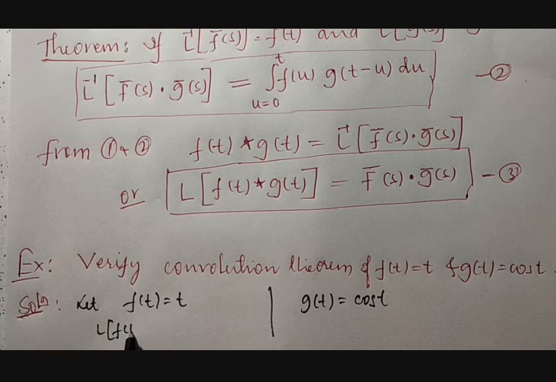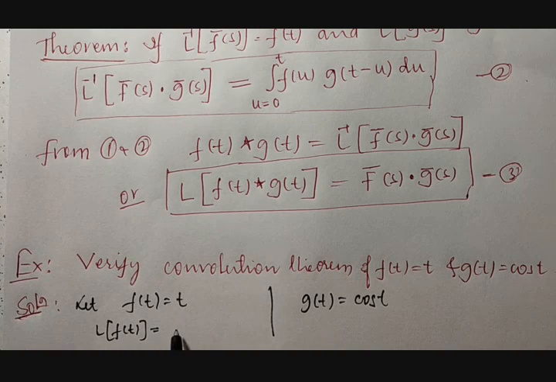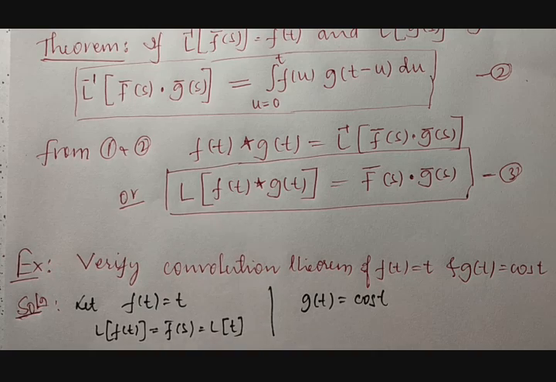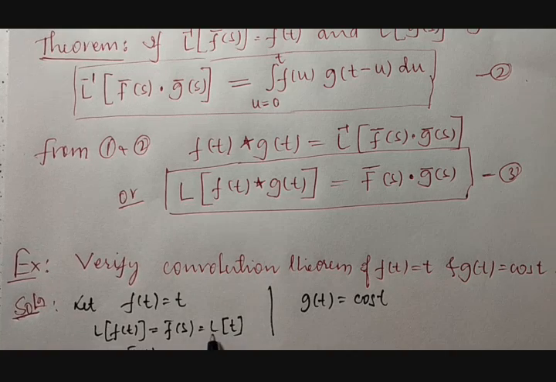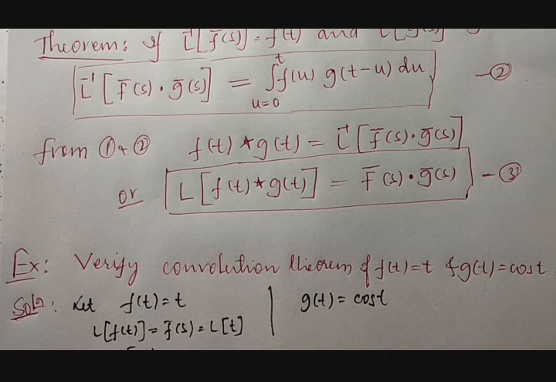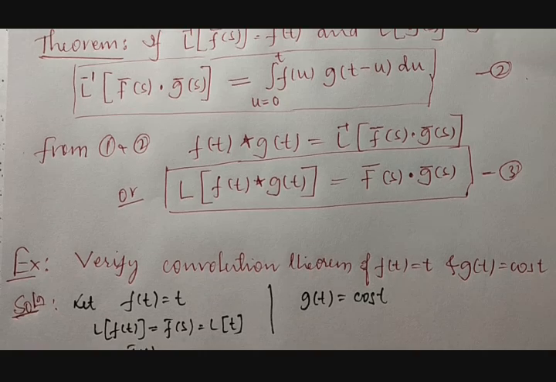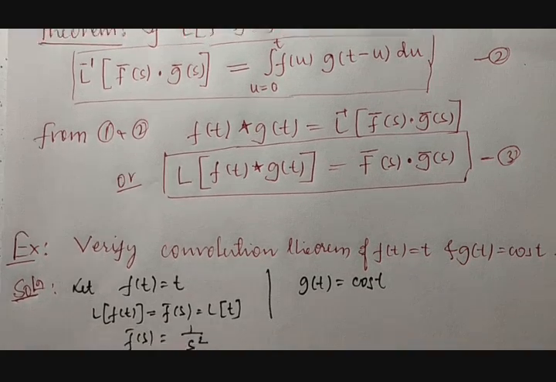Then it becomes L of f of t, which is nothing but f bar of s, which will be equal to the Laplace transform of t. Therefore, f bar of s is equal to the Laplace transformation of t, which is 1 divided by s square.